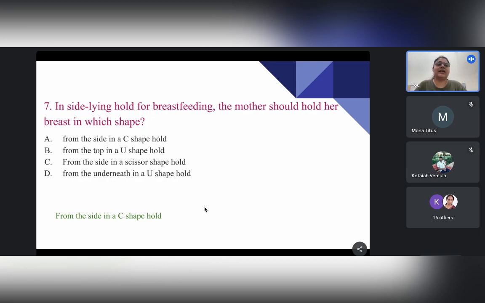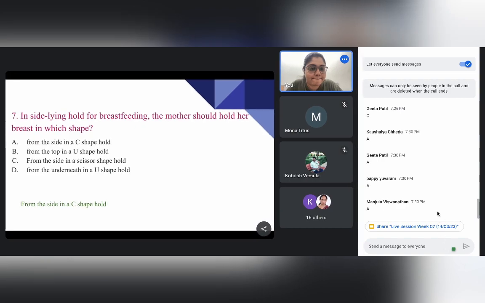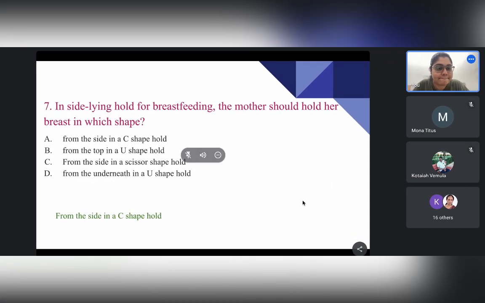So the most helpful one would be from the side in a C-shaped hold. I hope I've been able to clear the doubt for the person who said option D. Somebody had said option D, right? Okay, ma'am.